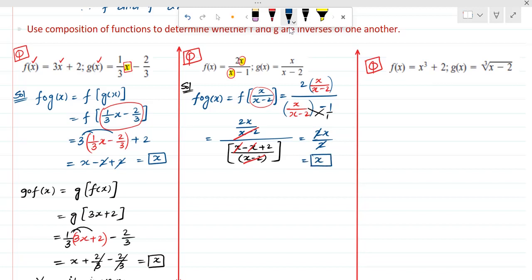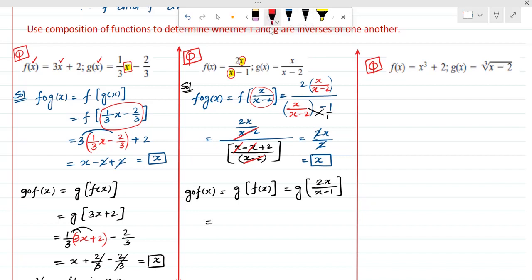Now I have to go with the other one. What is that one? g circle f, g of f of x. I write g of f of x, where f of x is nothing but 2x over x minus 1. Then I just substitute the value here in the g.